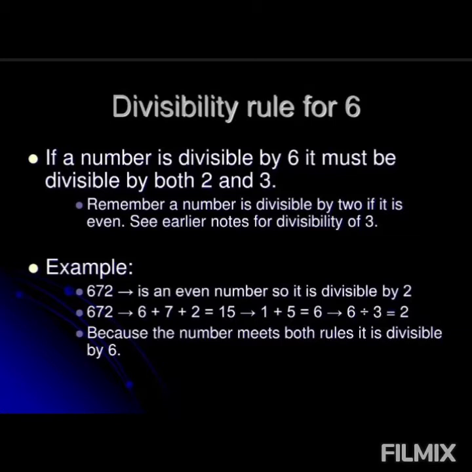And we will again add them. 1 plus 5 is equal to 6. Now 6 can be divided by 3 and we will get 2. It means that this number is divisible by 3 also. So this number is divisible by 2 and 3 both. It means that the given number is divisible by 6.